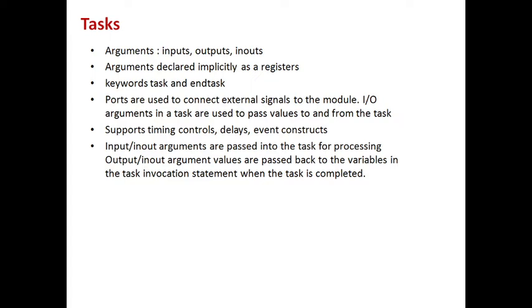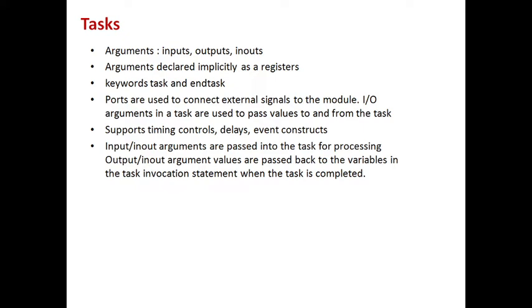As we know, a module will have input and output ports, and these ports normally interact with the environment signals. Ports are used to connect external signals. These external signals are the signals present in the environment, and this environment generally wraps the module.